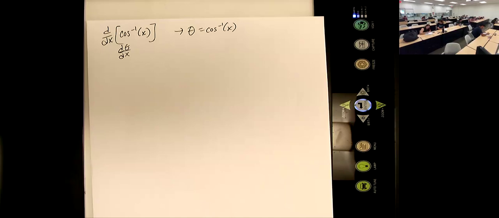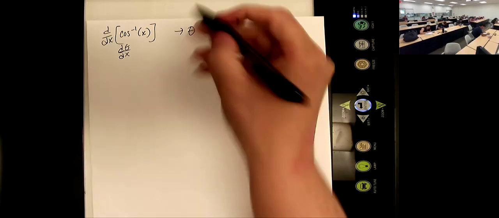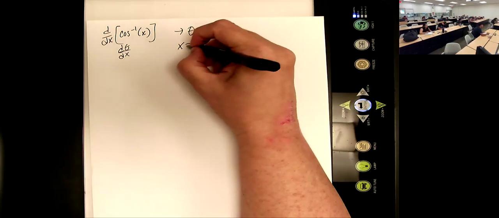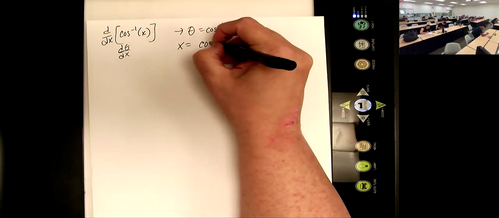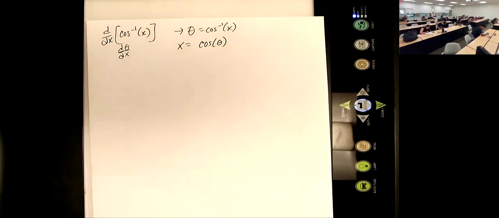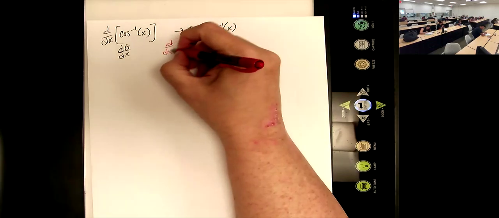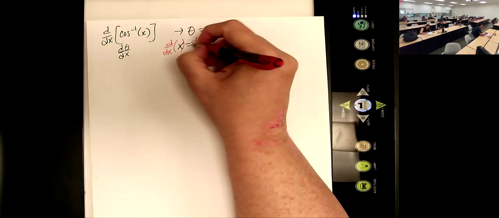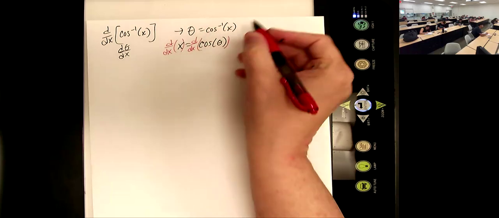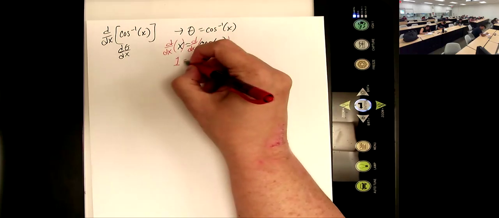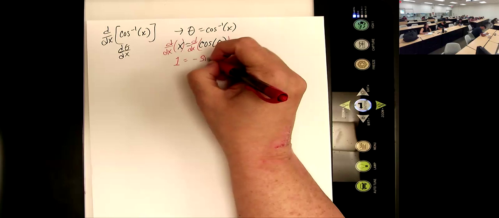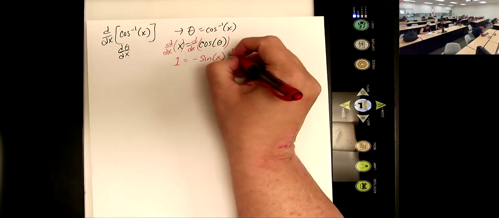We're gonna do the old swap a roo. x equals cosine theta. Hit this with a derivative and use implicit differentiation to get negative sine theta d theta dx.